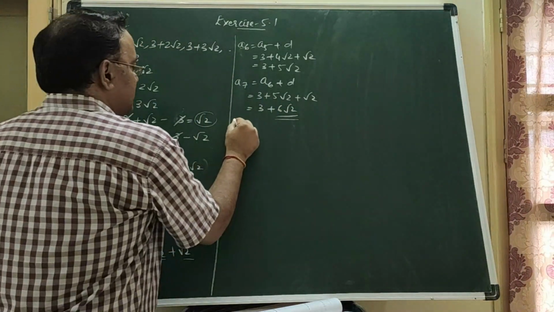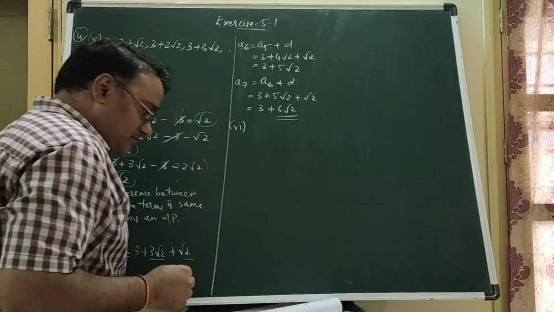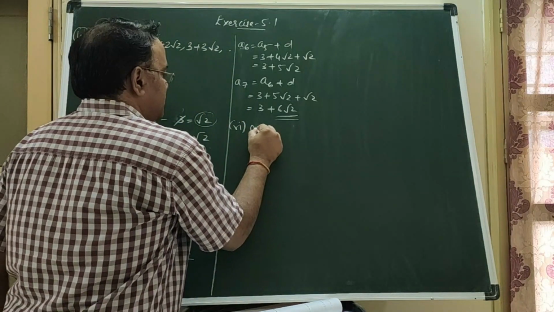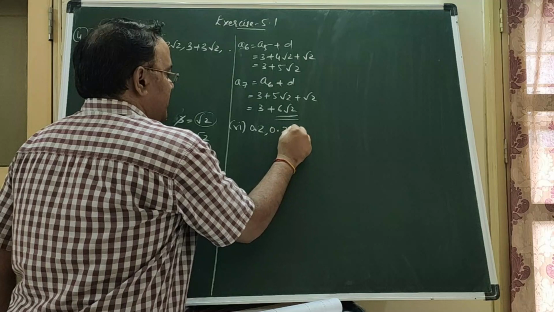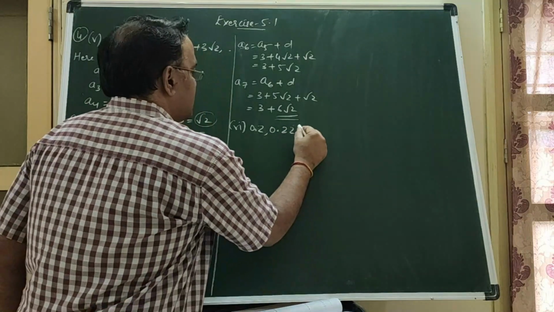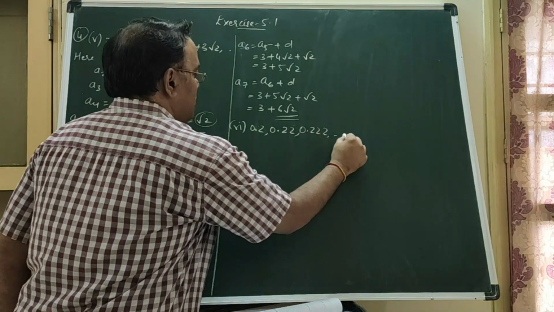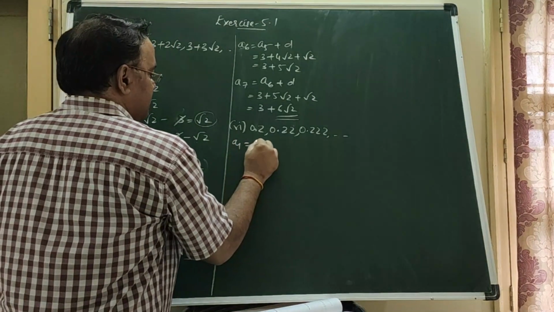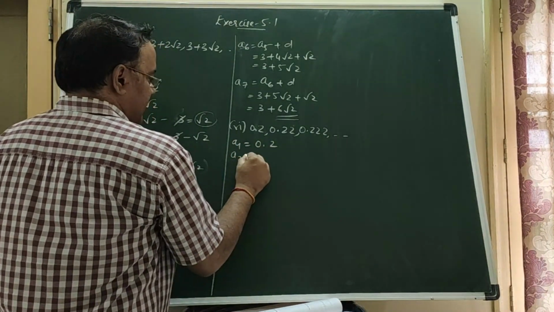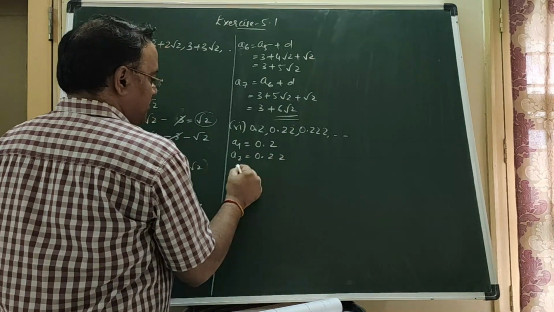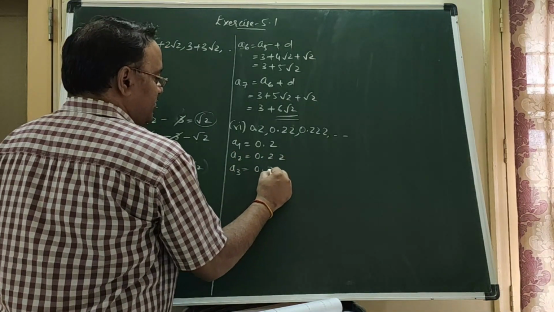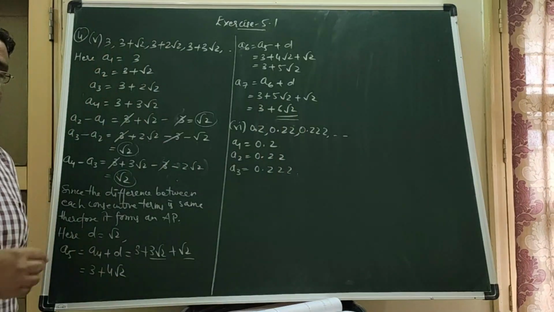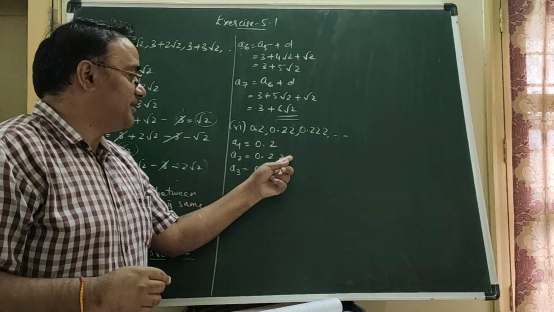Now let us move towards the 6th bit. 0.2, 0.22, 0.222, and so on. Here the first term is 0.2, the second term is 0.22, and the third term is 0.222. Now see, the difference between these two and these two are different.